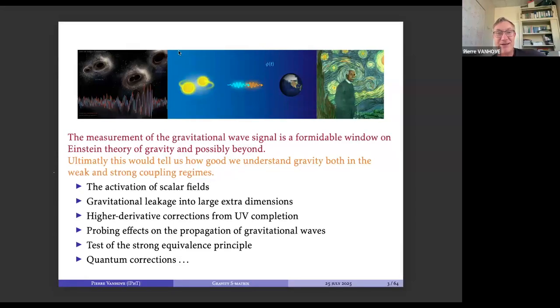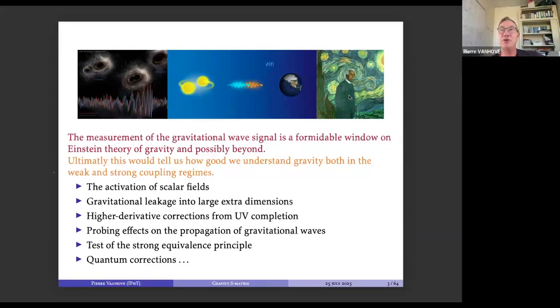Okay, sorry. So we test whether or not actually all the signal we detect is fully compatible with Einstein gravity or if there is something else. In a sense, the methods I will try to explain are coming from quantum field theory. They treat Einstein gravity as the first term of an effective field theory. Of course, the main point of this lecture is to be useful to classical gravity.